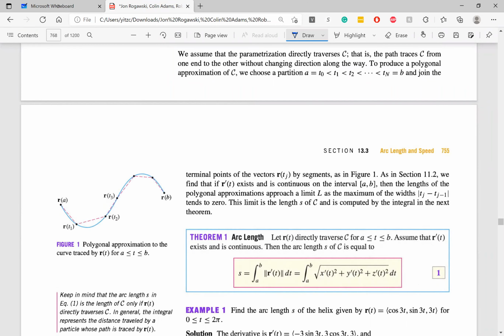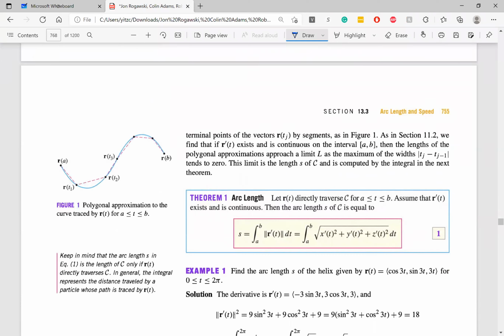And the formula for it is fairly simple, and that's given right over here. So the arc length, you can think about it as you take the magnitude of your derivative, so that kind of corresponds to your velocity.